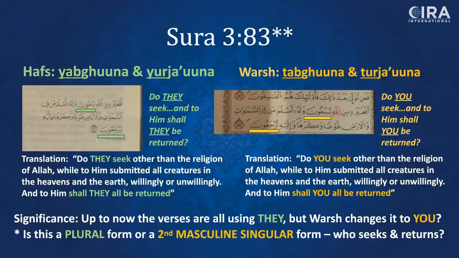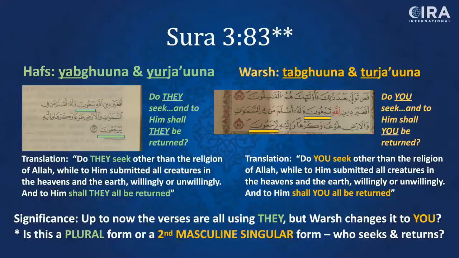Now, one quick observation is Hafs is talking about somebody, some group of people. Maybe they're not present at the moment, could have been in the past. Where Warsh is talking about someone in the present time, right now, maybe even in the audience that the person is speaking to. It's interesting if we could pull back and look at some of the verses that precede it, we will note that this is all using third person up until this point.